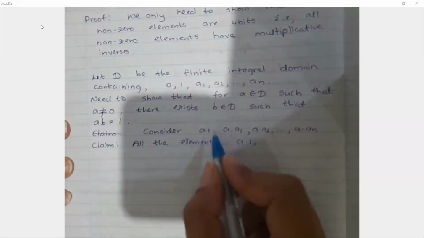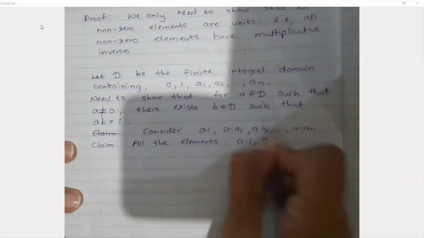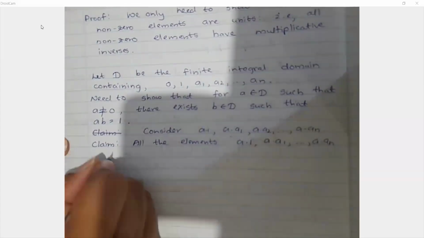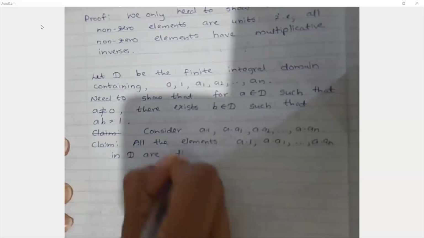A times A1, up to A times AN, are all elements in D, since D is a ring, closed under multiplication. A times 1, A times A1, up to A times AN, all elements in D, are distinct.